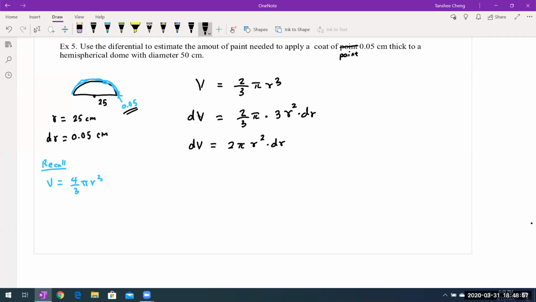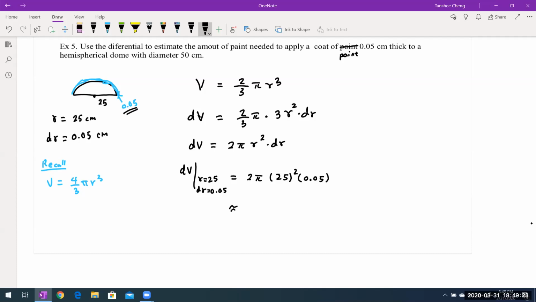So now I can approximate the differential of V with r equal to 25 and dr equal to 0.05, which will help me do the computation of 2 pi times 25 squared times 0.05.